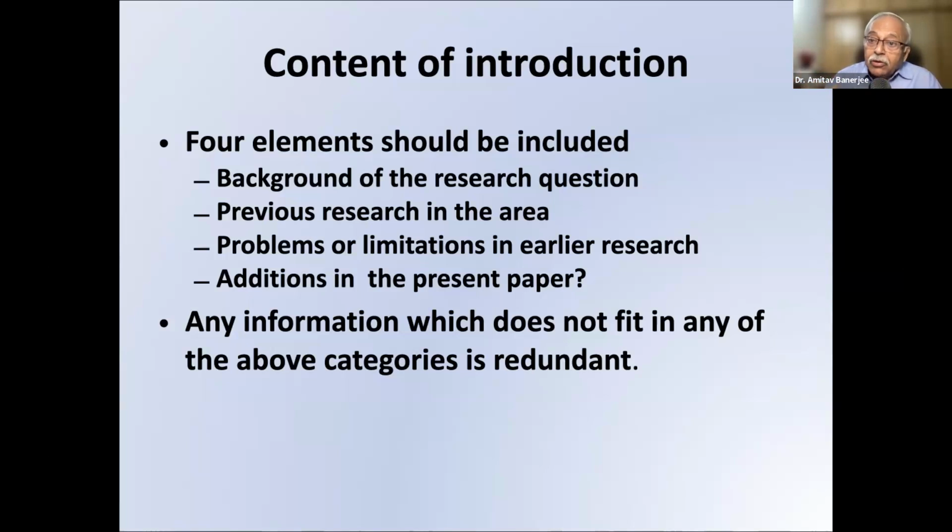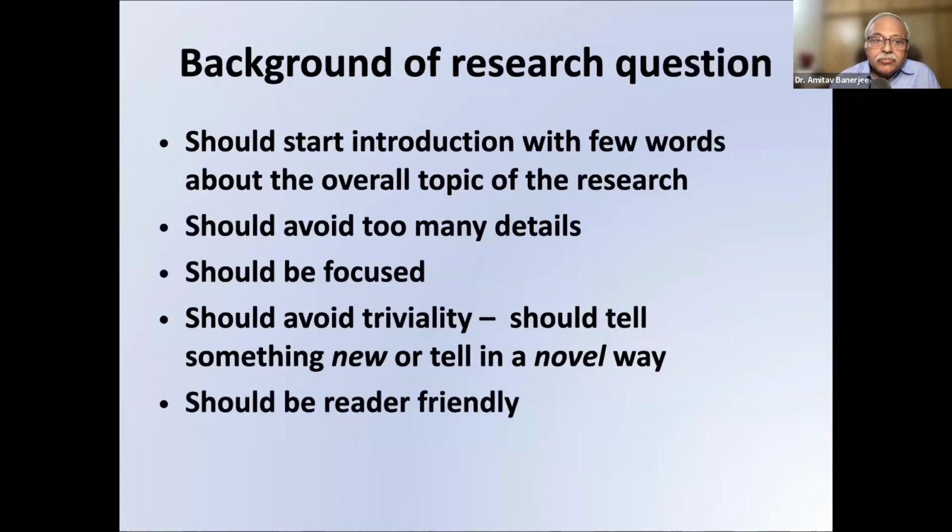And the last paragraph is what the additions are in this present paper. Any information which doesn't fit any of the 4 themes is redundant. When you read also, you should see these things coming in the 4 paragraphs: public health problem, clinical problem, what research has been done, what the limitations were, and in what way this paper adds to the available literature. Then only is it original research.